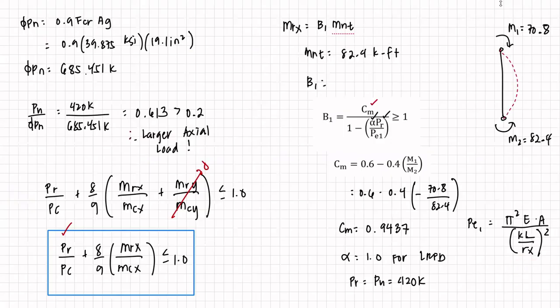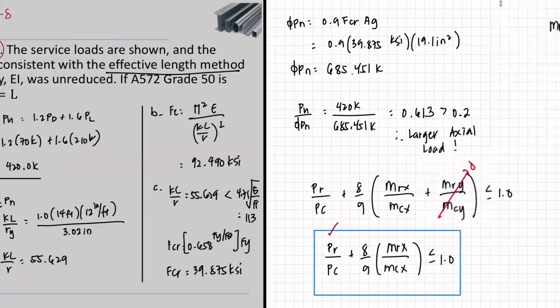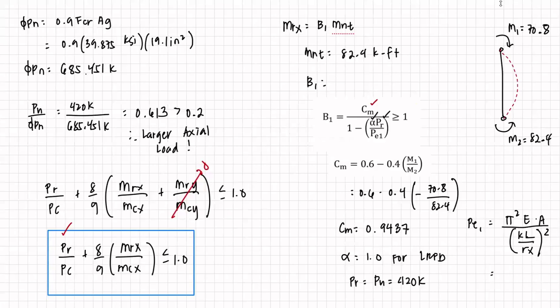Okay? So, upon substituting values, pi squared, E natin is 29,000, area natin is 19.1 over, K natin is 1, ang length natin is 14. 14 times 12 over Rx natin.